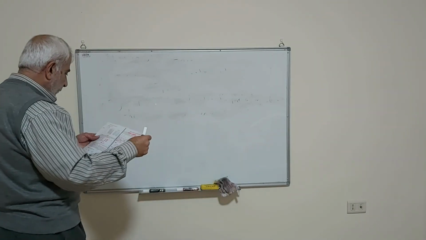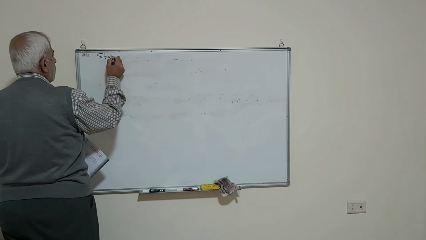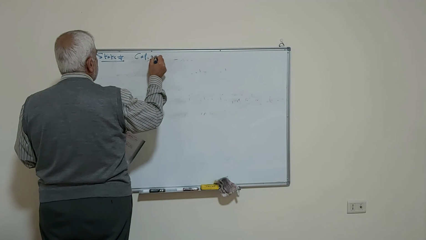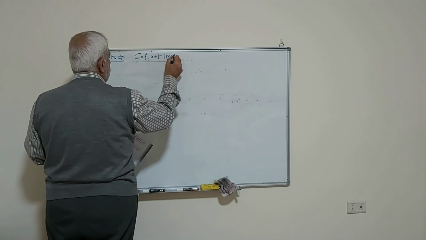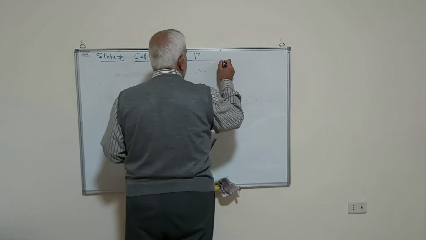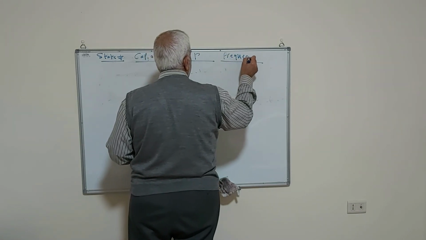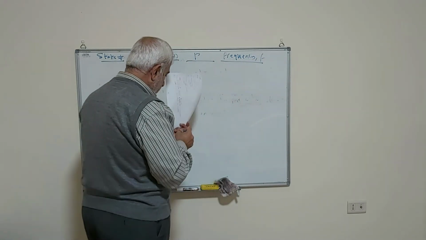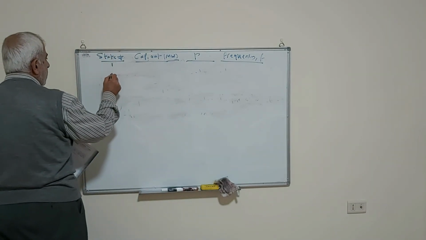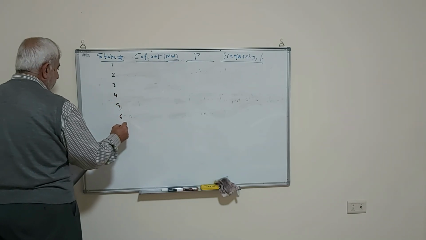We put here the state number, the capacity out, of course in megawatts, the individual probability, and the state frequency F. So we have states 1, 2, 3, 4, 5, 6, 7, 8.